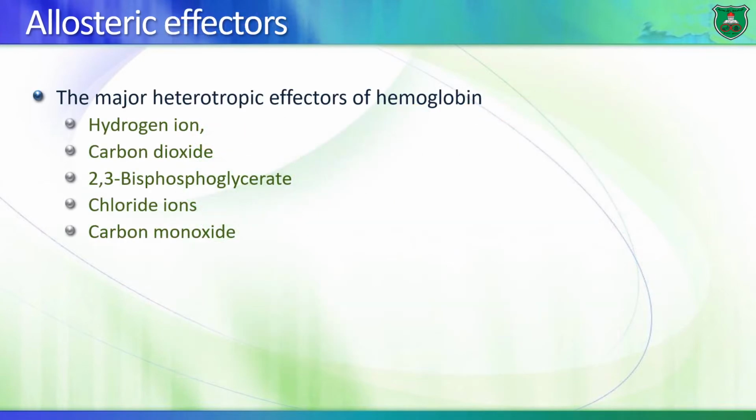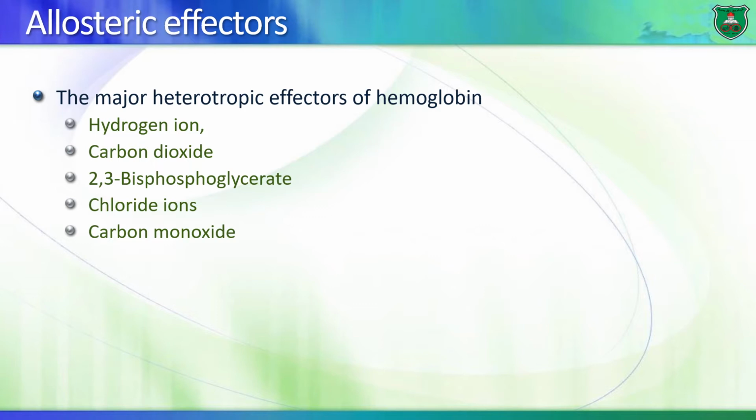Now, these are the effectors that we will discuss in this lecture. We'll talk about hydrogen ions, carbon dioxide, 2,3-bisphosphoglycerate, chloride ions, and carbon monoxide. And these are all known as heterotropic effectors.